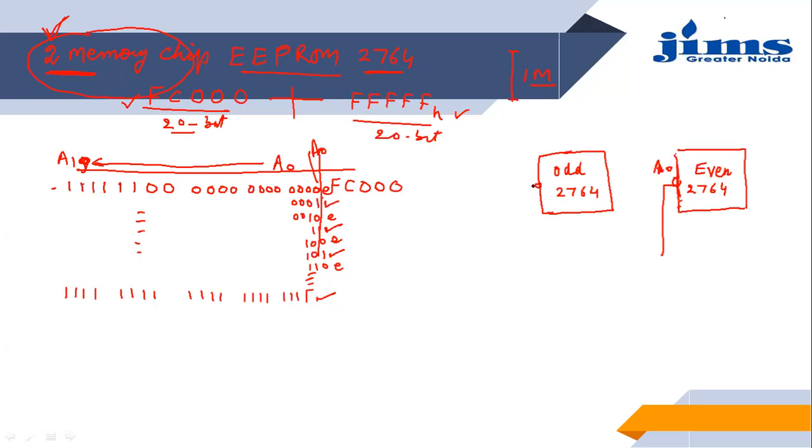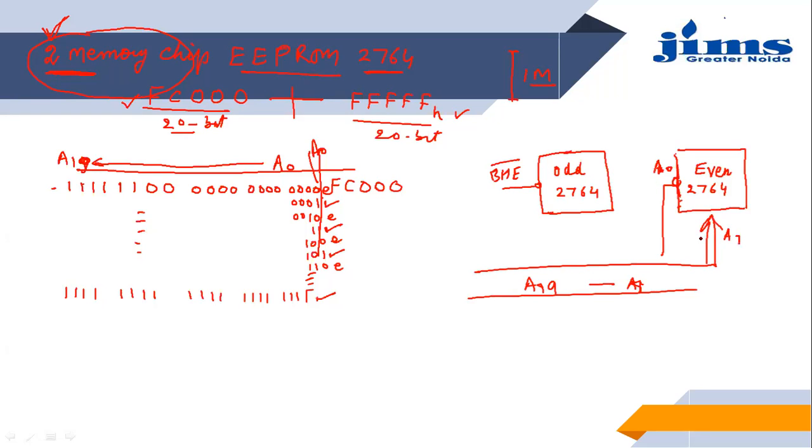And to the other IC, we will connect the BHE bar. Remember this, we discussed it in the previous class. Then all the other address lines, A1 up to A19, will be connected, and A0 is for chip select.